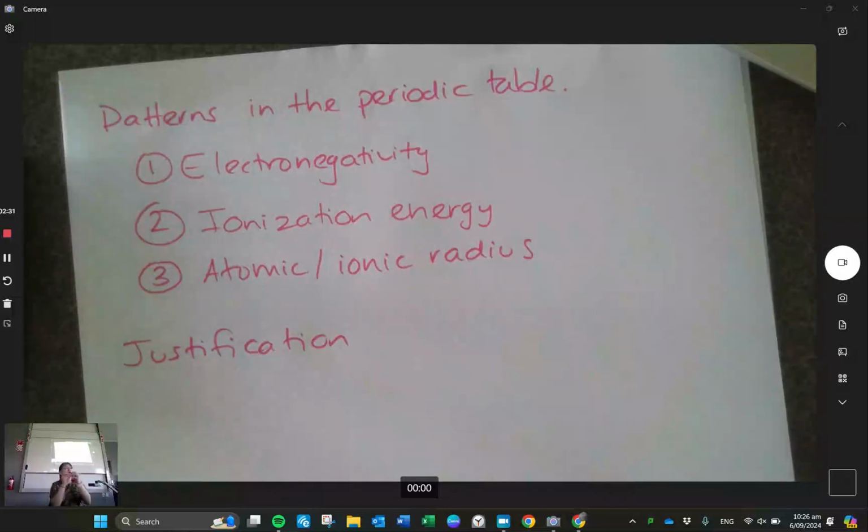So basically how many protons are in that nucleus, because the more protons there are, the more of a pull it's going to have on the electrons.